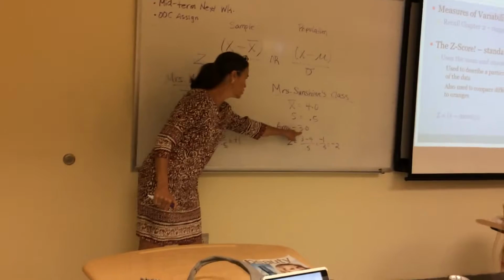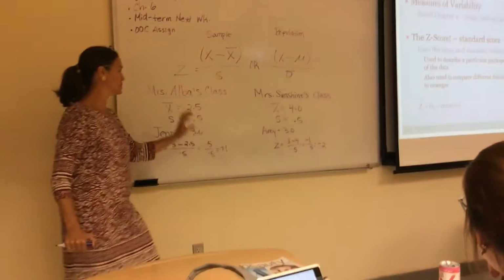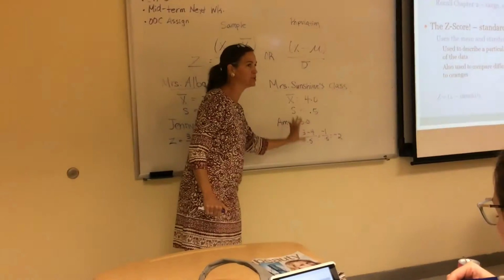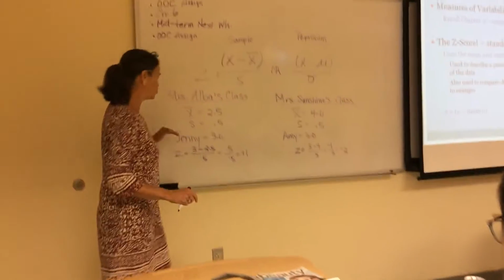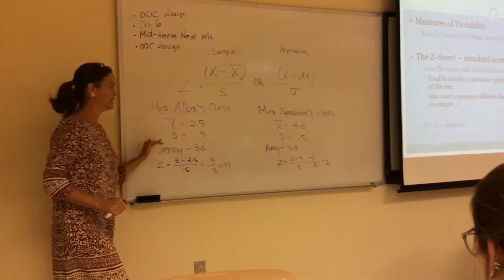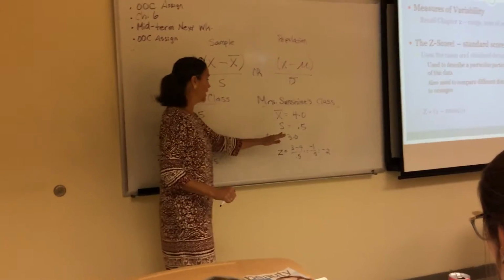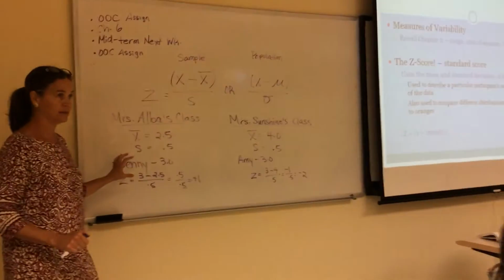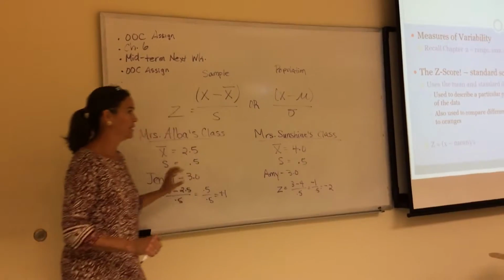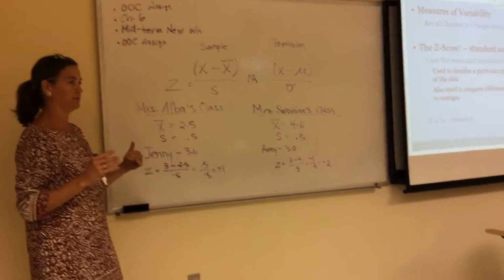So even though their scores are identical, when we consider their scores relative to the distribution or the class that they're in, we find that Jenny's pretty well liked. Amy's not liked very much, right? So again, it allows us to compare individuals within these different distributions, kind of comparing apples to oranges, because the distributions are different.